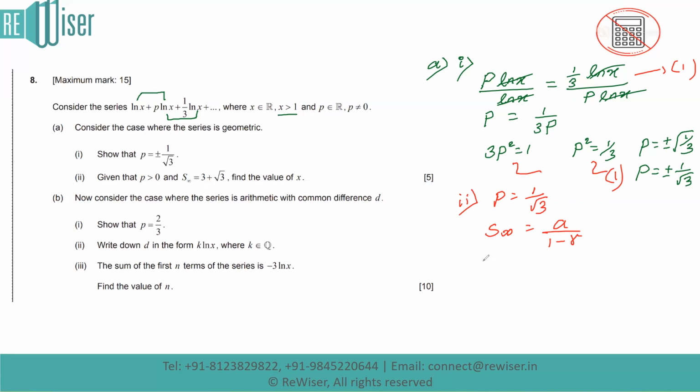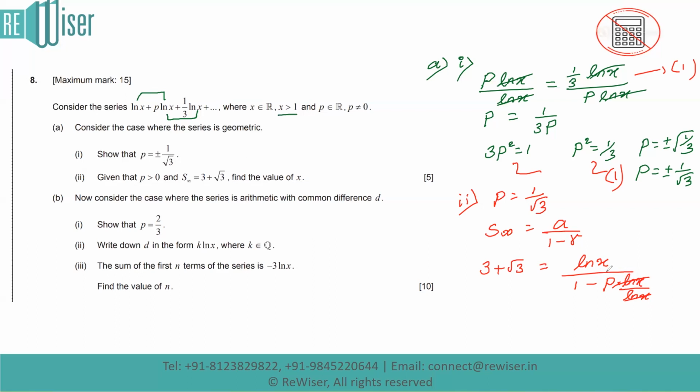So in that case, the sum to infinity is given as 3 plus root 3, and 3 plus root 3 would be equal to a, which is just ln x, the first term, over 1 minus r. r is the second term over the first term, which is nothing but p times ln x over ln x, so your ln x and ln x can get cancelled out.